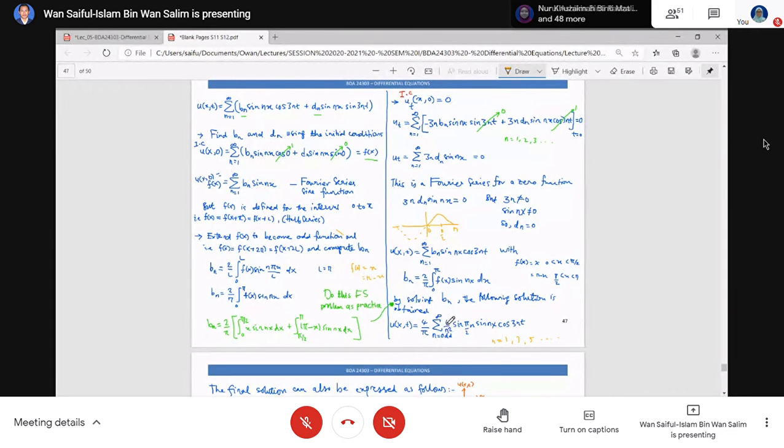And then 1 over n squared sine pi over 2n sine nx cosine 3nt. This is the final solution, once you know your b sub n. So you have to do the integration to find b sub n.